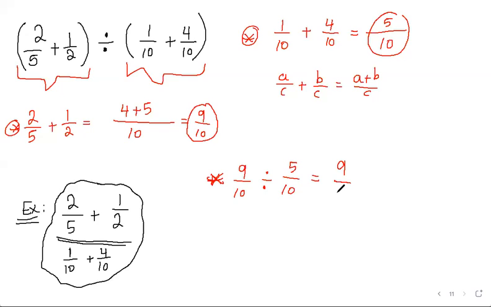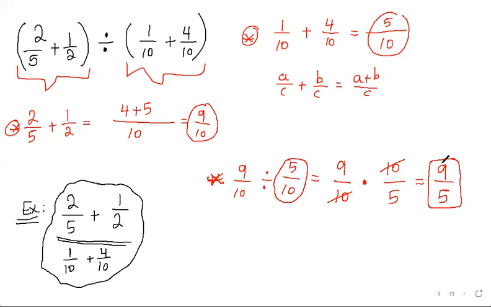So this is equal to 9/10 times, we flip this one, 10/5. We can simplify it. 10 with 10 cancels, which gives 9/5. This is the final answer.